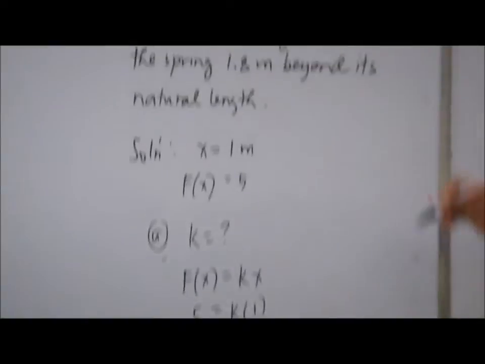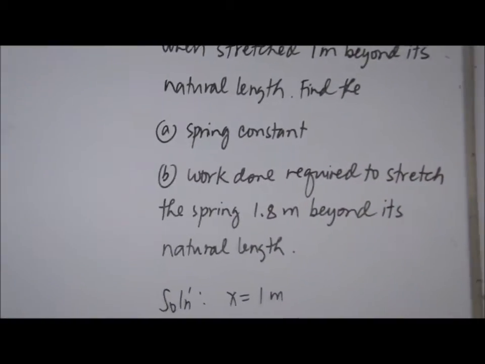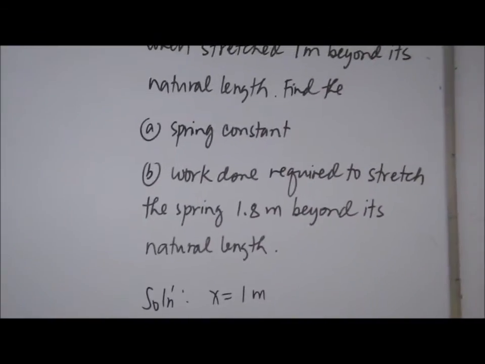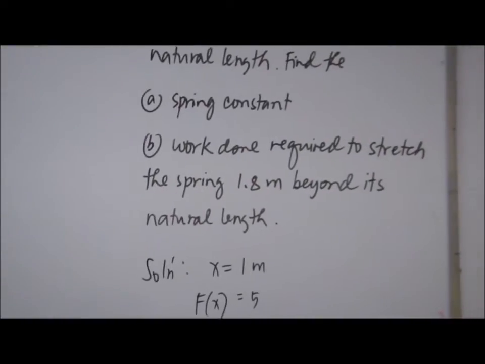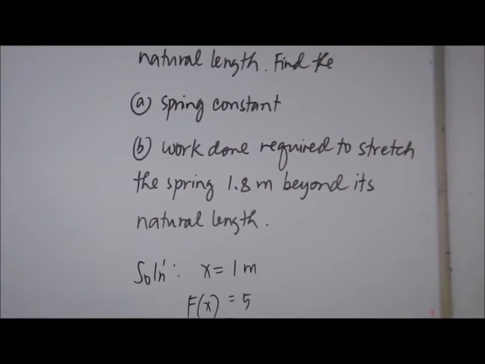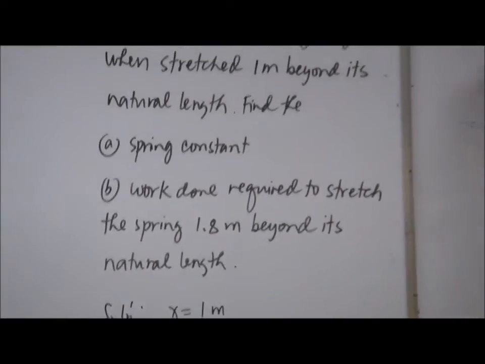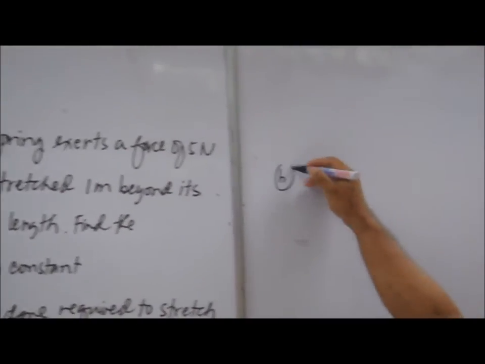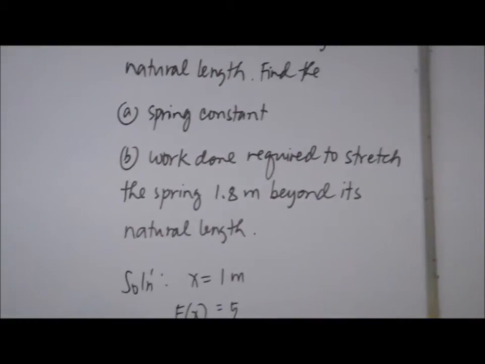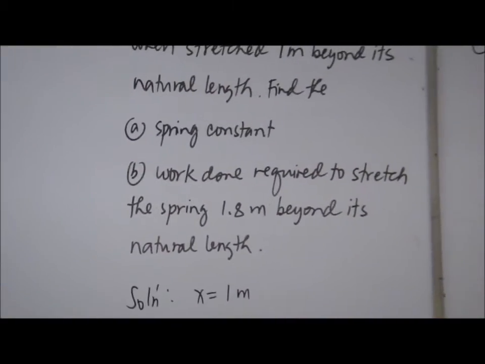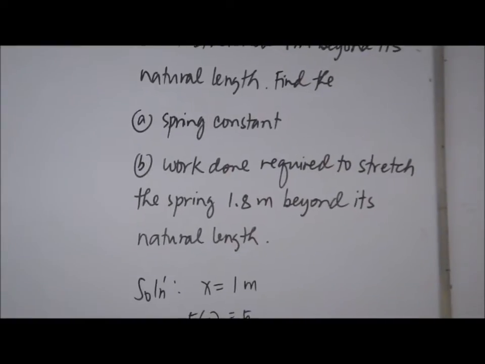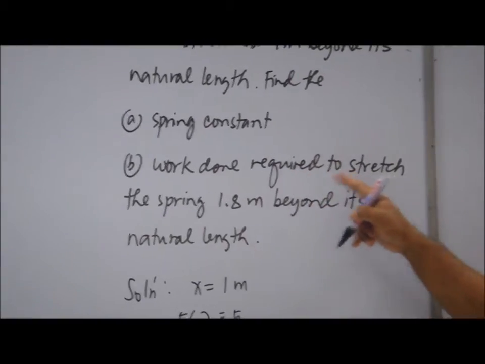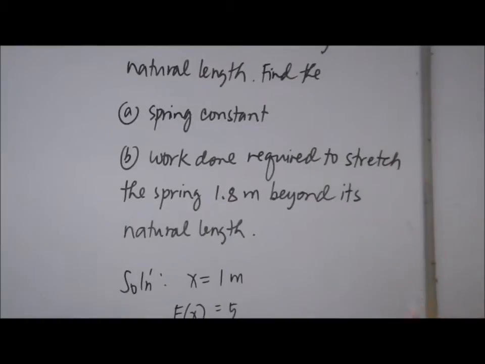What about the second question? Find the work done required to stretch the spring 1.8 meters beyond its natural length. So we have here the quantity, which is 1.8 meters. And how do you describe this 1.8 meter length? That is also the displacement. Why? Because we have here, find the work done required to stretch the spring 1.8 meters beyond its natural length.